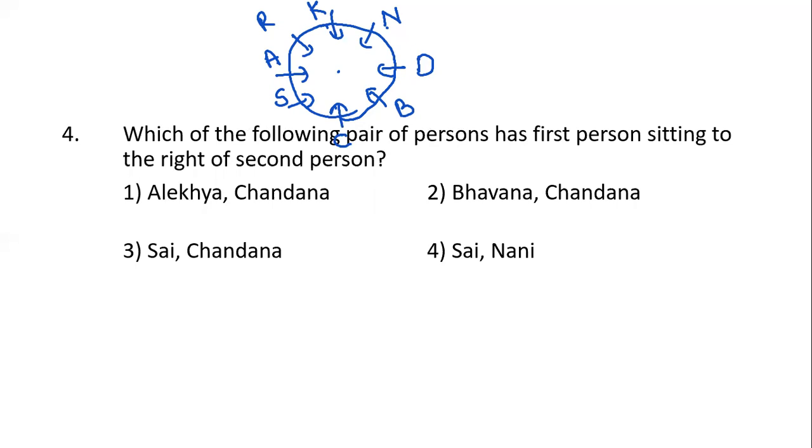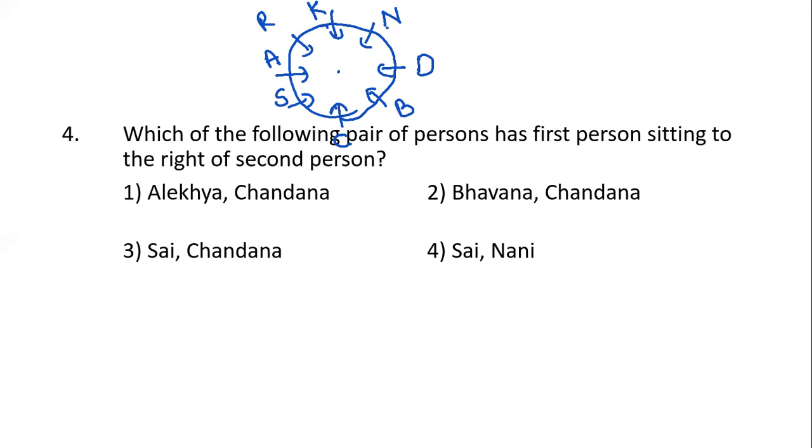Please try to understand the meaning of the question. Maximum 80% of the students will understand the question in a reverse manner. Who is on the right side? Who is on the left side? You should not look at what is exactly presented in the diagram. You should look at it from the point of view of how they are asking in the question and cross-check that with the diagram. Who is on the right side? Whose right side are they asking? That is important. Sai and Chandana are side by side, I understand. But Bhavana and Chandana are also side by side, right? So, who is on the right side and whose right side?